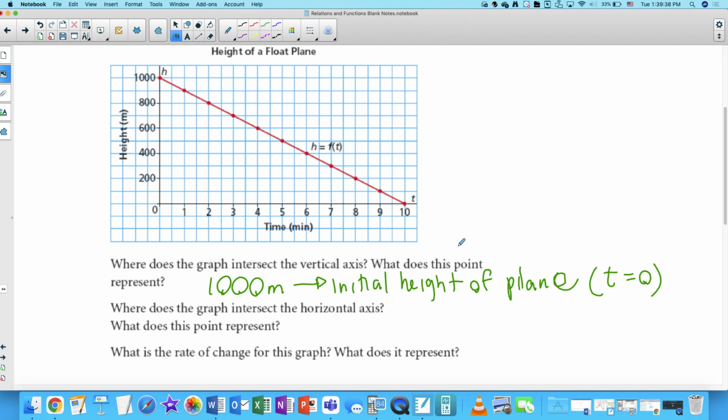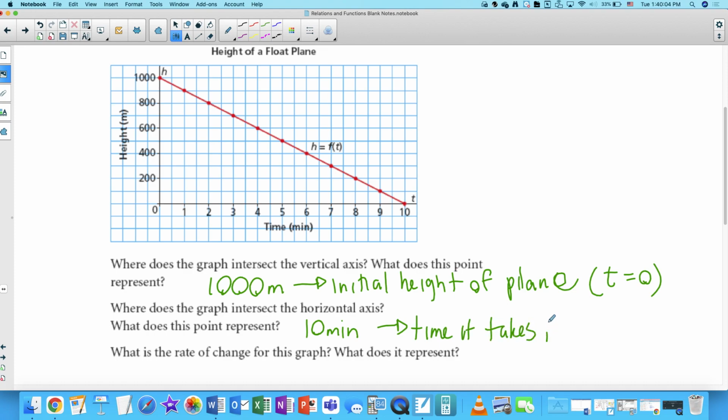Yeah, the time it takes for the plane to land. Because if the plane is at a vertical height of 0, it's on the ground, right? Those are pretty important pieces to this context.